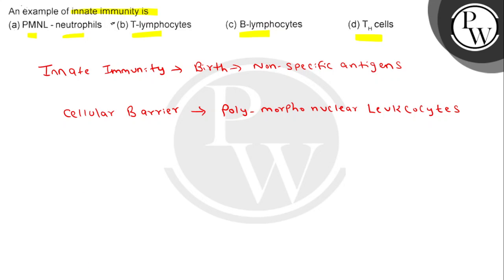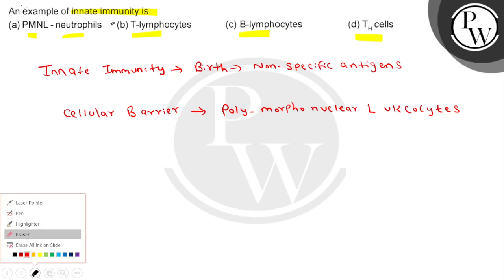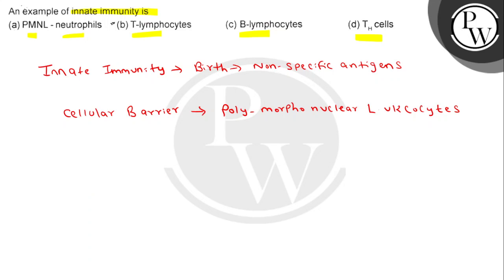Leukocytes means I am talking about WBC. Now why are they called polymorpho? Because the nucleus shape is of various types, like bilobed, trilobed, then kidney shape. That's why they are called polymorphonuclear leukocytes.